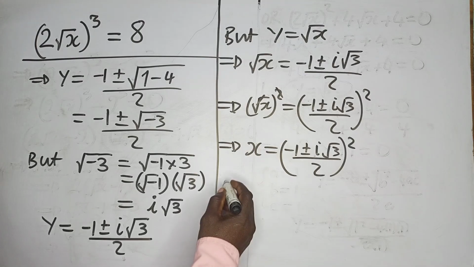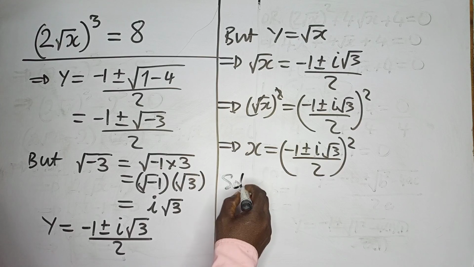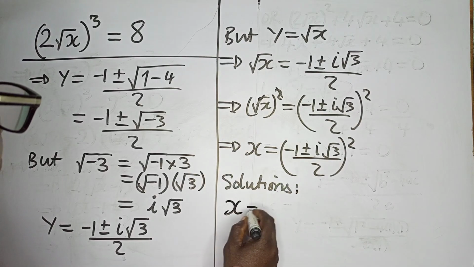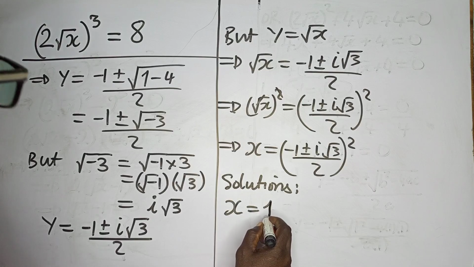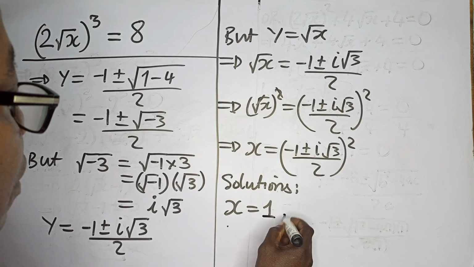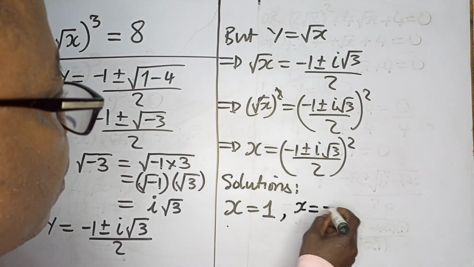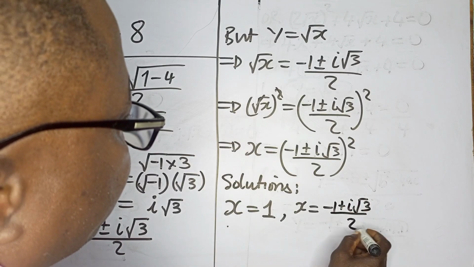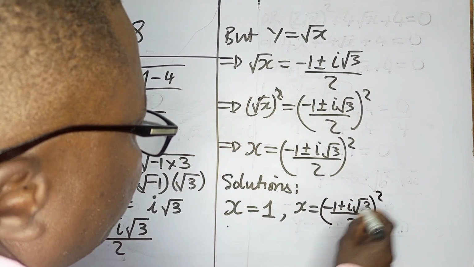So we are therefore saying that our three solutions are, the first one was x equals 1. Next one is x equals minus 1 plus i root 3 all over 2, squared.